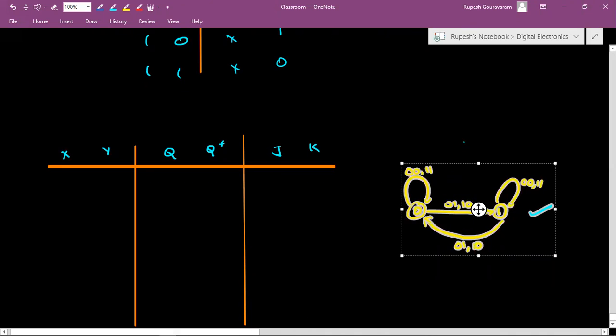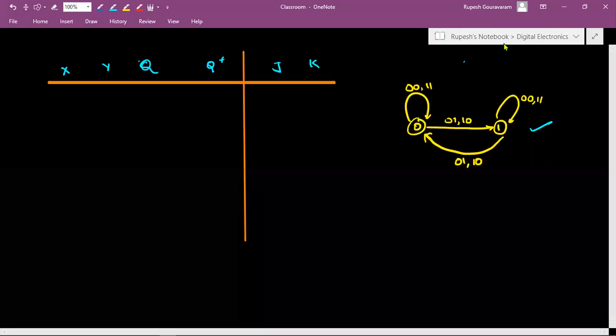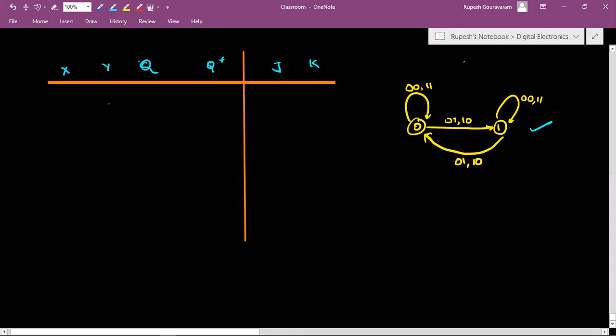Here x and y are the inputs to J and K. So all the possible cases for x, y and Q are, the first one is 0 0 0, then 0 0 1, like that it goes on.